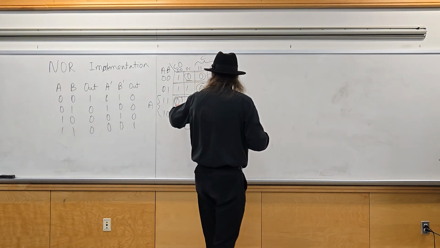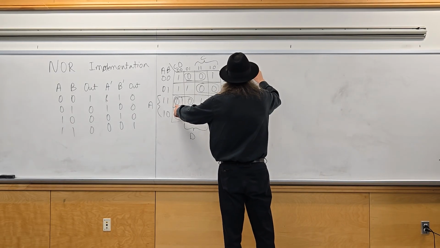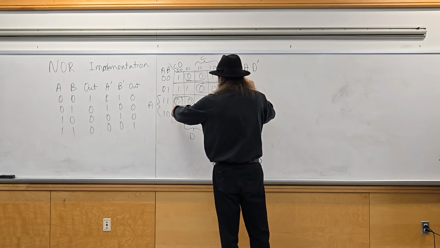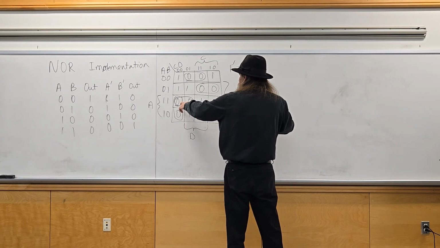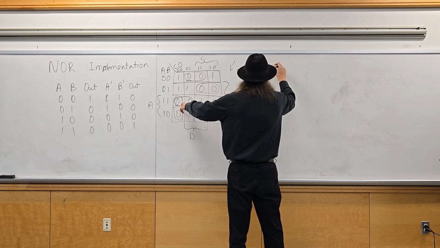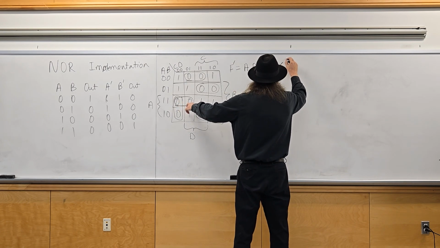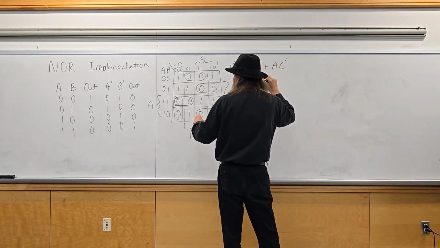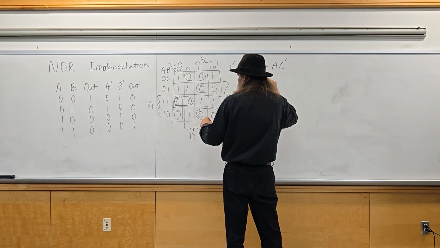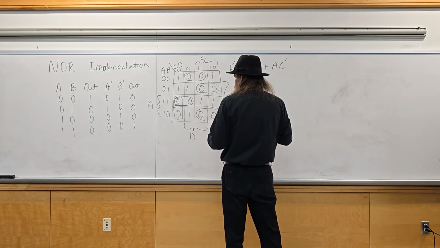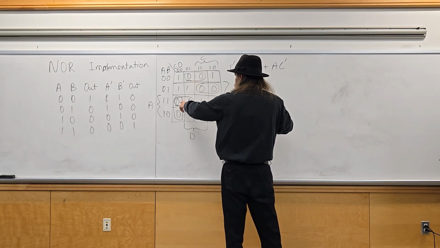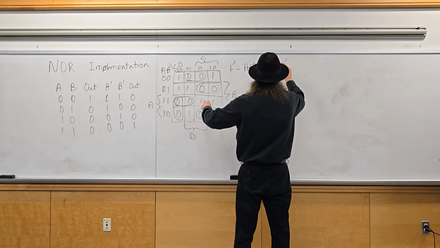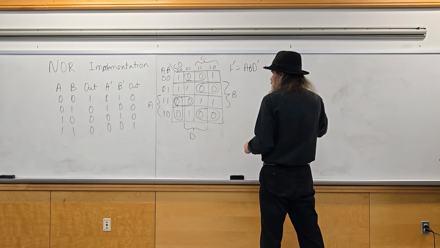Let's see here, you have A and not D. A and B, or no, A and not C. Wait a minute. A, B, not D, and A, B, not C. Okay.